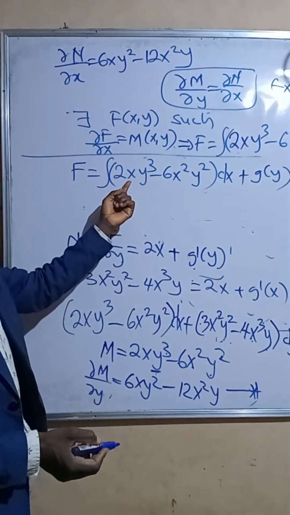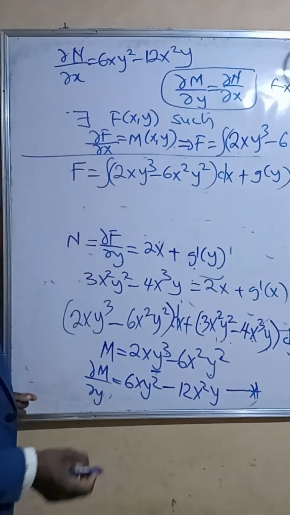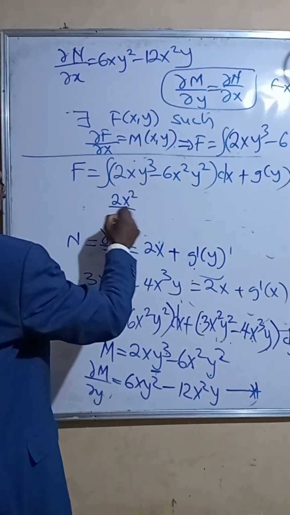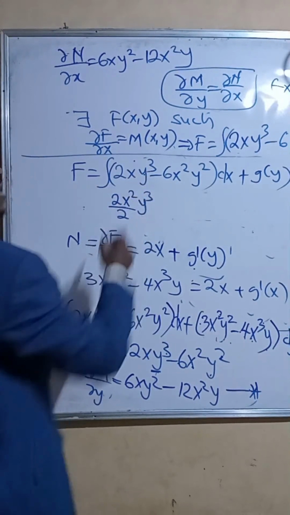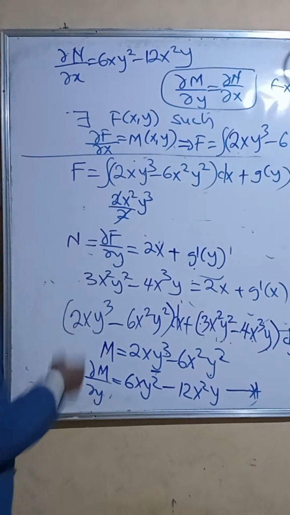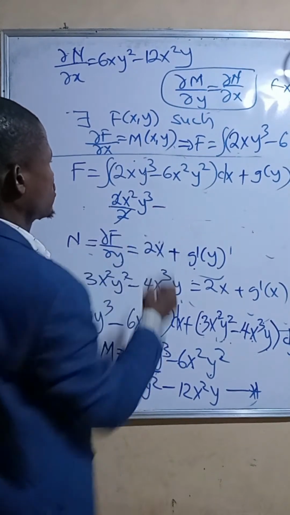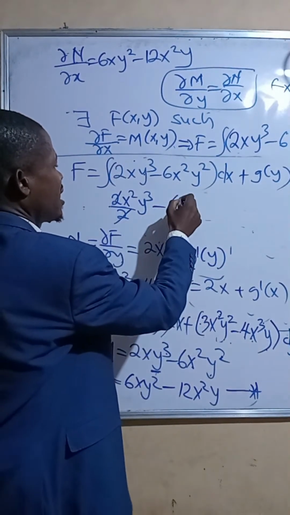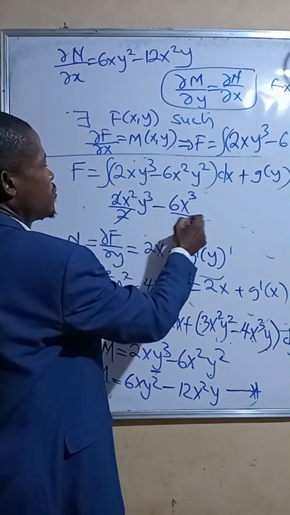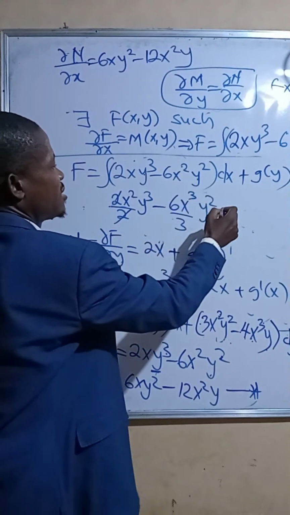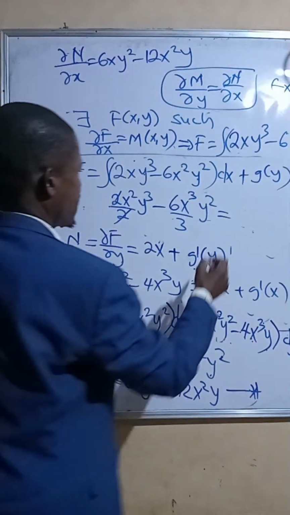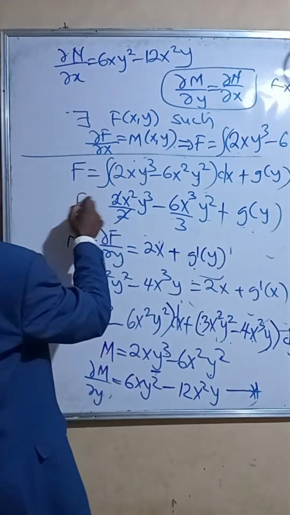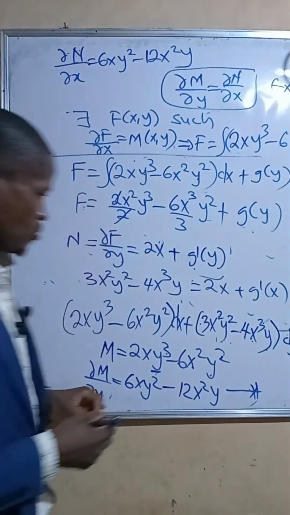So just look for the x there and integrate that variable. This is power 1, so that will be 2x squared over 2. This y will be kept as a constant. So this one and this one we cancel. Then minus, this one also do the same thing. Integrate the x squared. That will be 6x, the power 2 plus 1, that's 3, over 3. Keep your y constant, plus g of y. And that's your f.